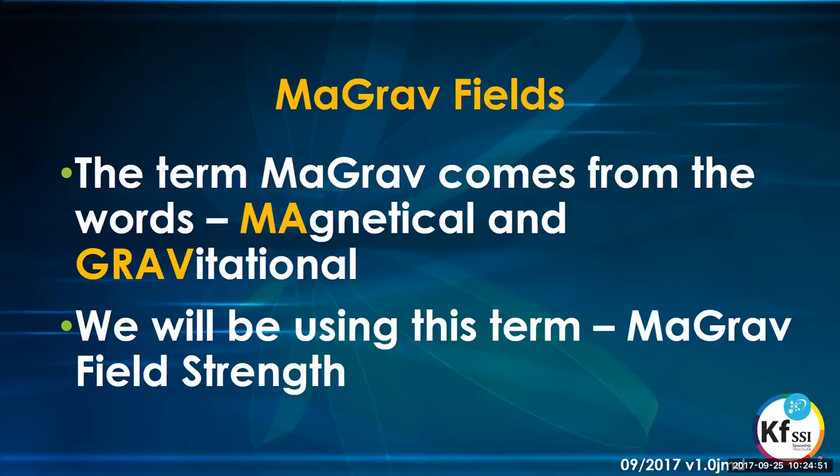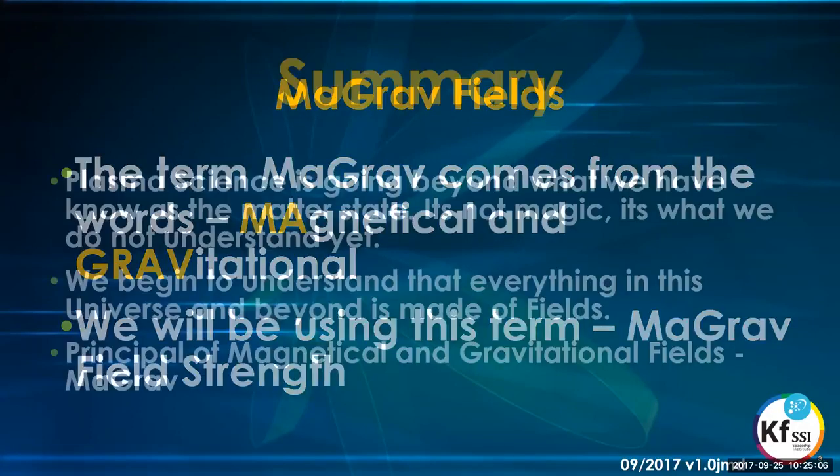We will then be using this in terms of magnetic field strength of certain GaNs and certain plasmas. But we need to understand this concept. So in summary on this first section as an introduction, plasma science is really going beyond what we have known as the matter state.